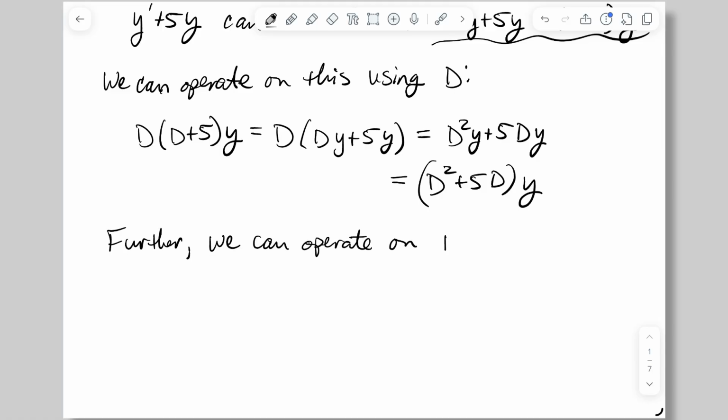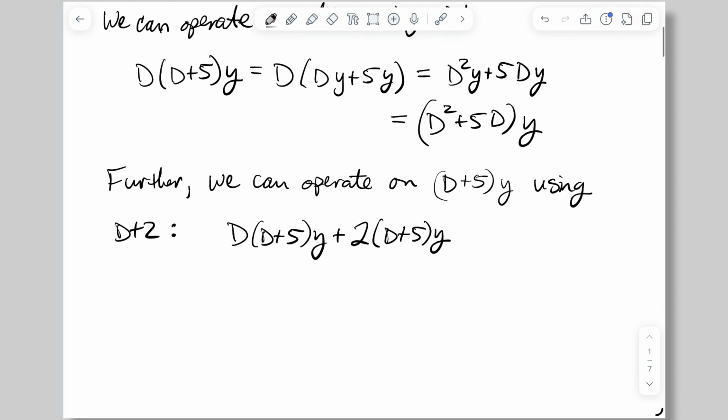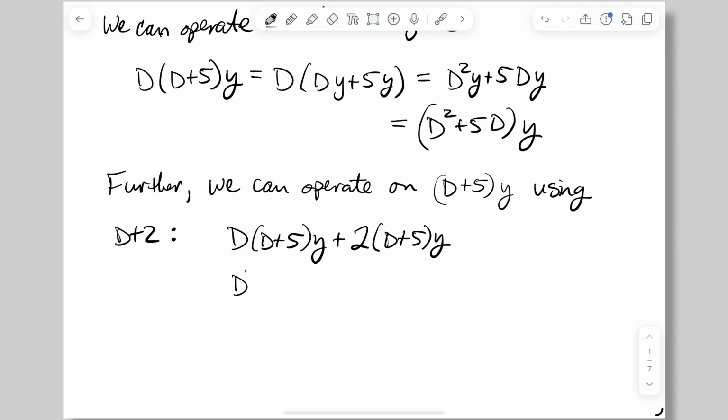Further, we can operate on D plus 5 acting on y using D plus 2. The way that's going to work is it's D acting on D plus 5 y, plus 2 times D plus 5 y. We already saw that the first one becomes D2 plus 5D acting on y. Multiplying by 2 just gives us this 2D plus 10 acting on y.